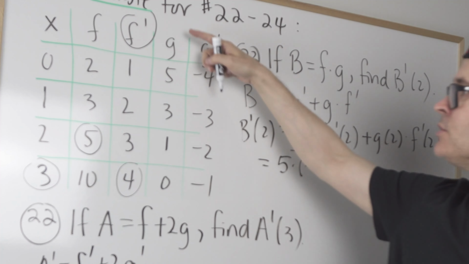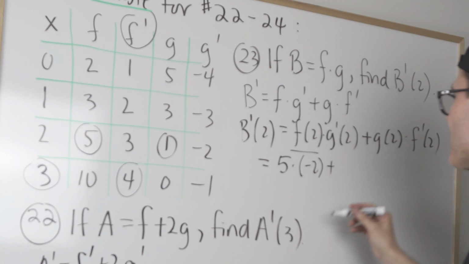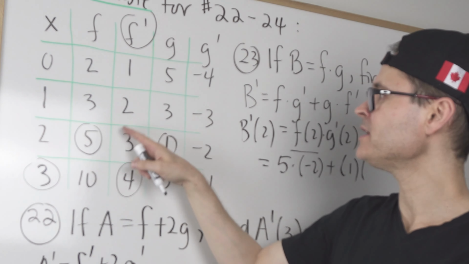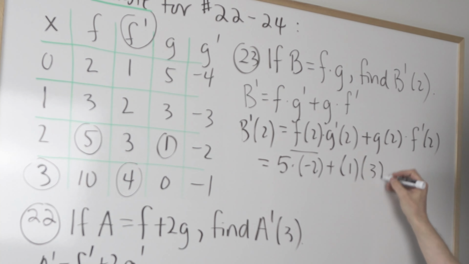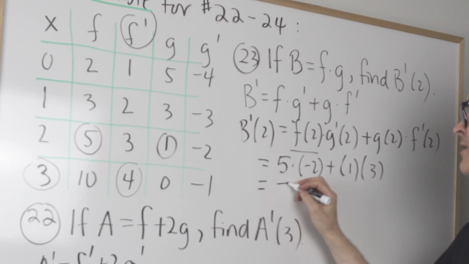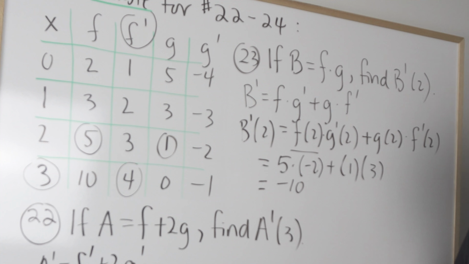Plus g at 2. Well, g at 2 is 1, so multiply by 1. And f prime at 2 is 3, so I'll multiply that by 3. Do a little bit of math here. 5 times -2 is -10. And also 1 times 3 is 3. So the final answer is -7.